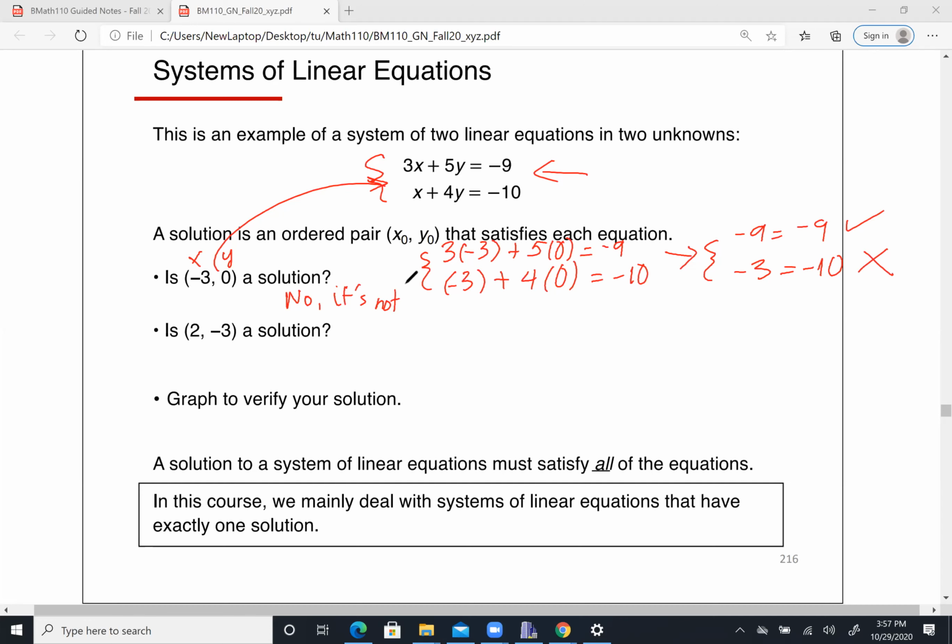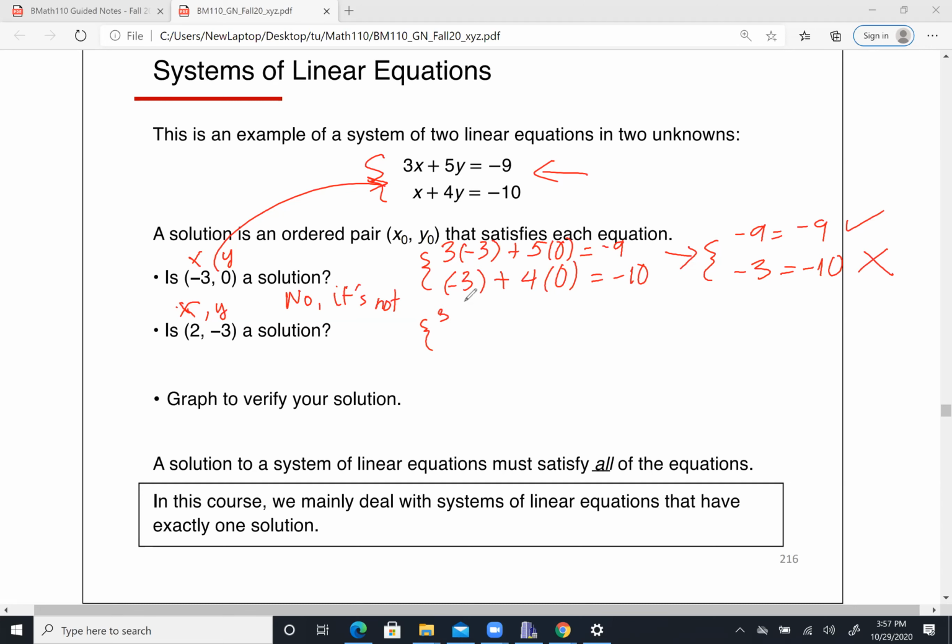Now let's answer the second question: is (2, -3) a solution? Again, in this case 2 is x and -3 is y. So I'm going to substitute into the system.